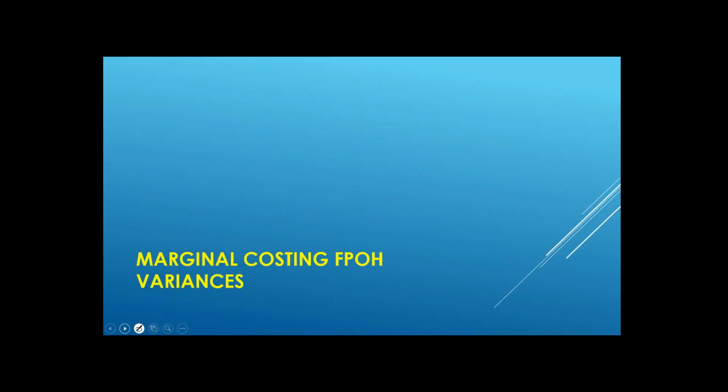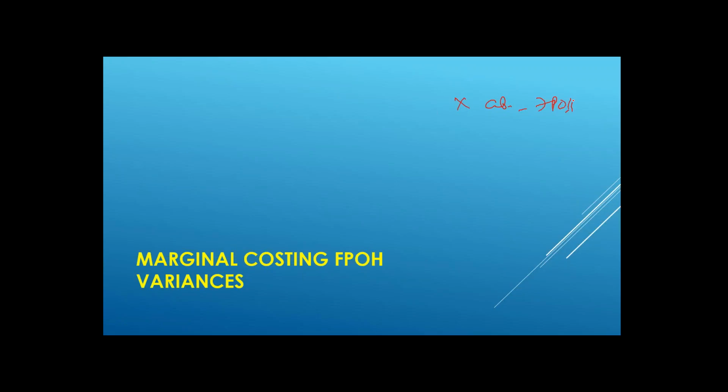Now we come to marginal costing. In marginal costing, if you remember, one thing we don't do is absorb the fixed production overheads. That's the difference in marginal costing.